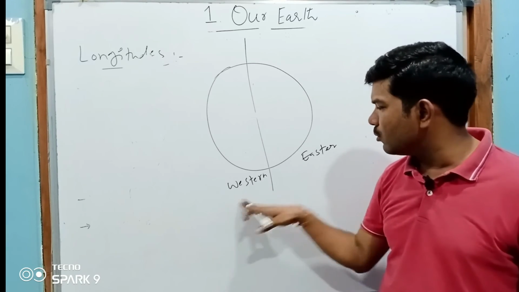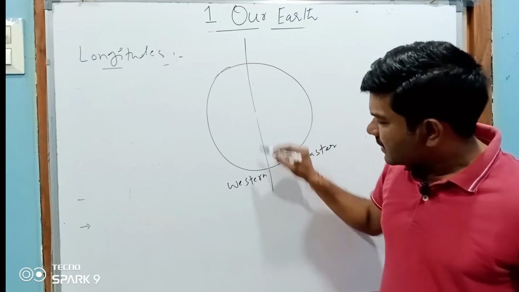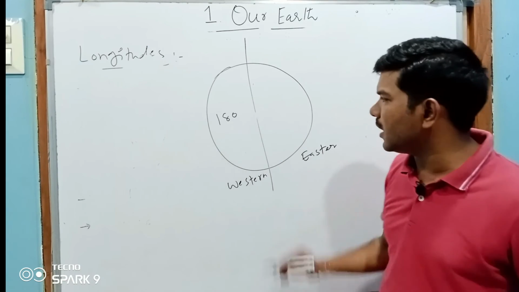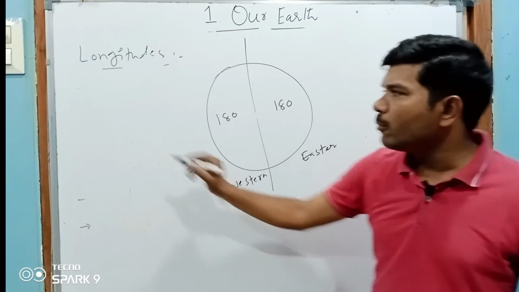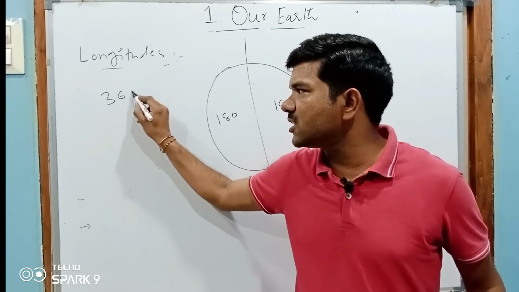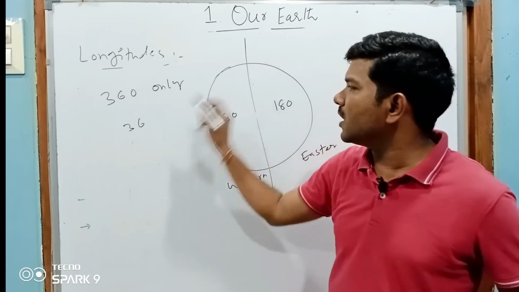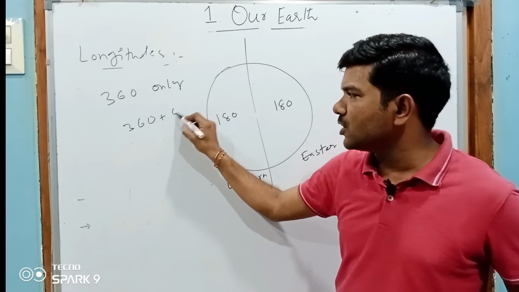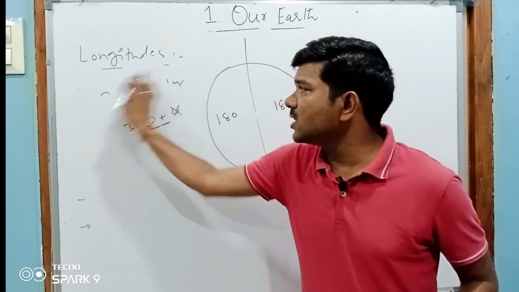In the western hemisphere there are 180 longitudes, and in the eastern hemisphere 180 longitudes. Total 360 only, not 361. Sir, what about 0 degree? 0 is not considered, so there are 360 longitudes only.